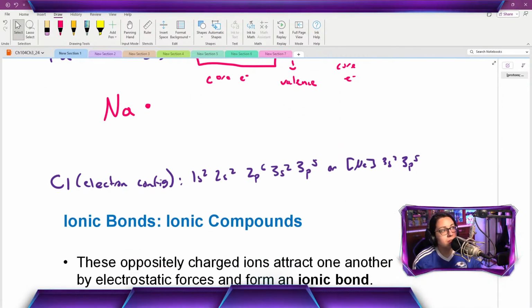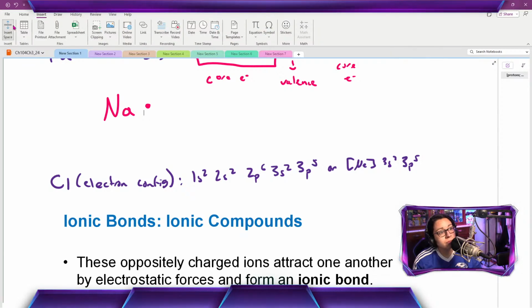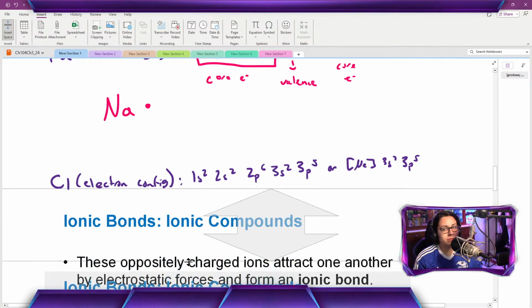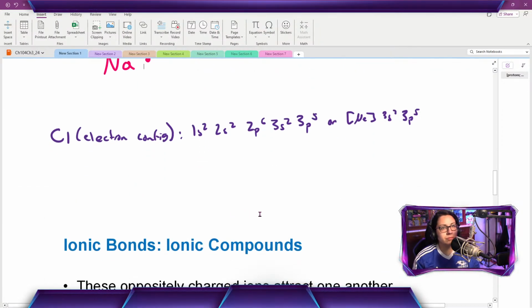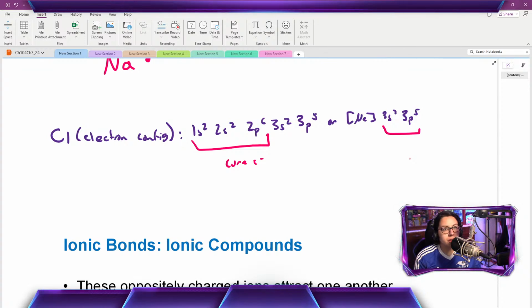Looking at chlorine, we can do the same thing. Again, these are our core electrons, and now we're really close to having a fulfilled octet on chlorine.